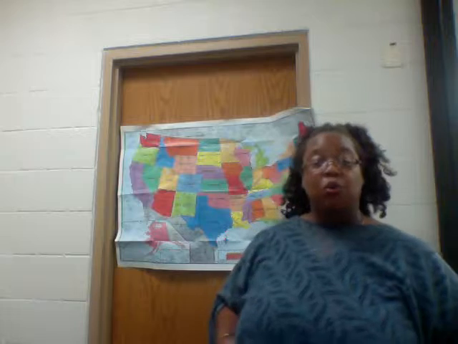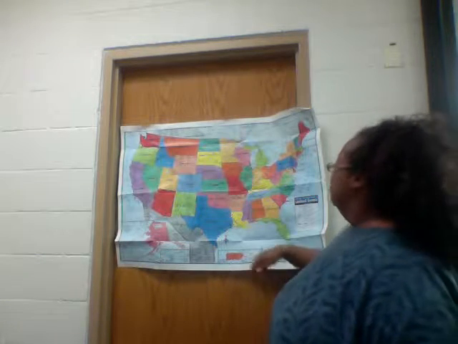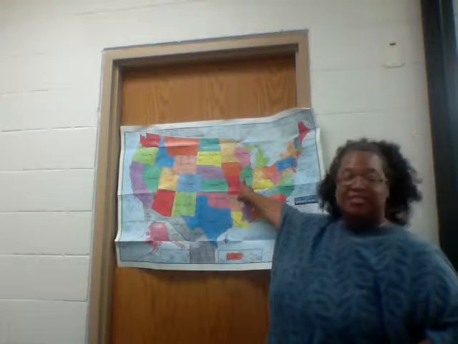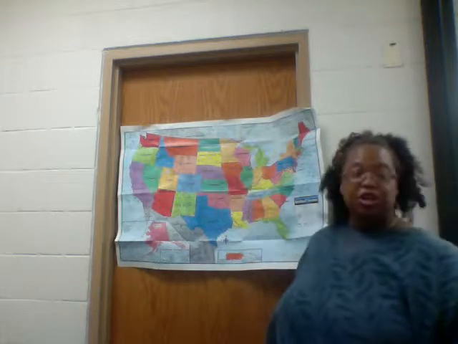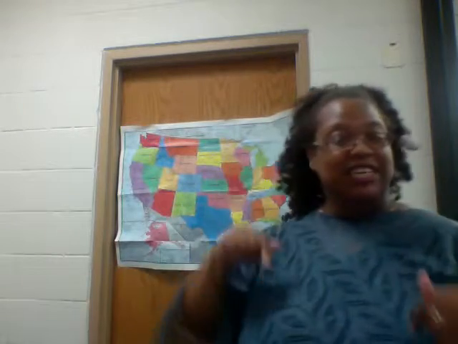So last week, last Friday, we talked about where I was born, where I came from. Can we say this state? It is called Illinois. Illinois. Can you repeat? Good.